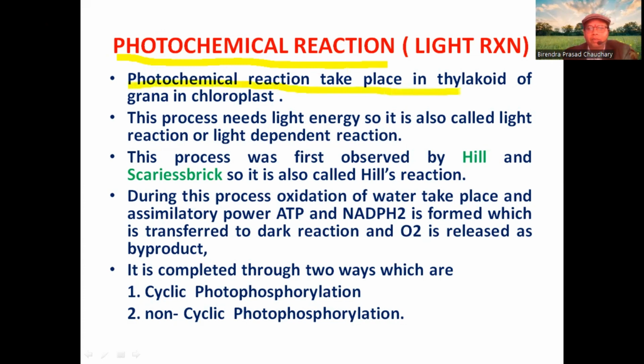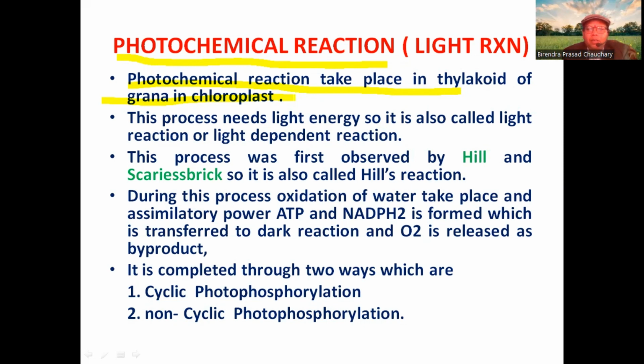Photochemical reaction takes place in the thylakoid of grana in the chloroplast. We did photosynthetic pigments before this, like chlorophyll present in the chloroplast. We have read that the chloroplast has two parts, the stroma and the grana.